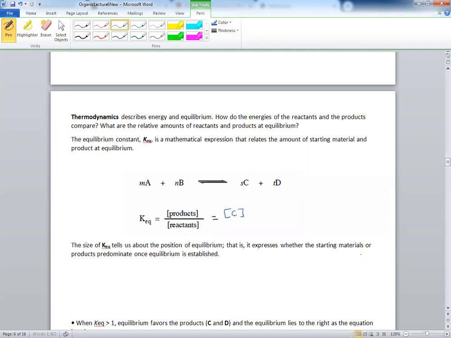These brackets mean concentration. So C to the exponent S, the coefficient becomes the exponent, D to T, over A to M, times, of course, B to N.